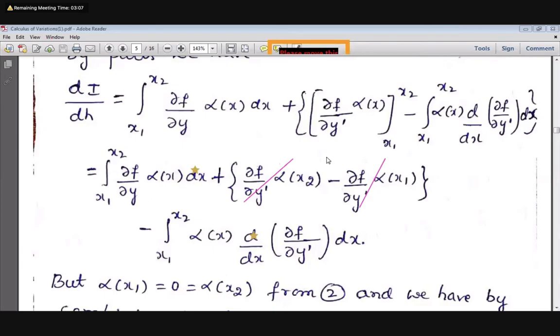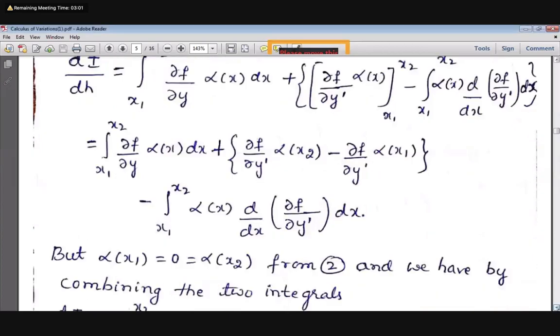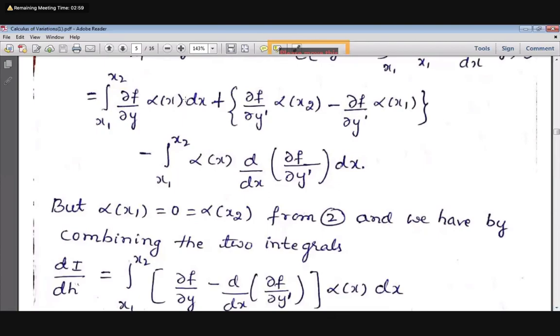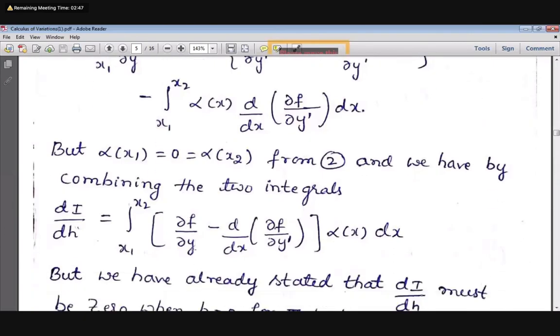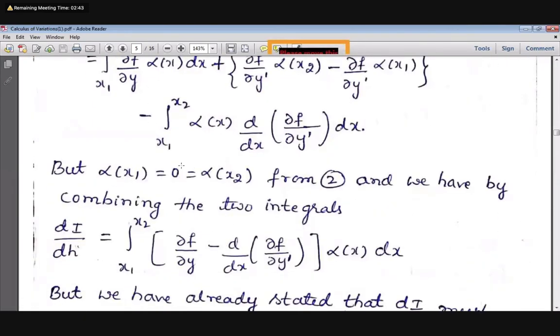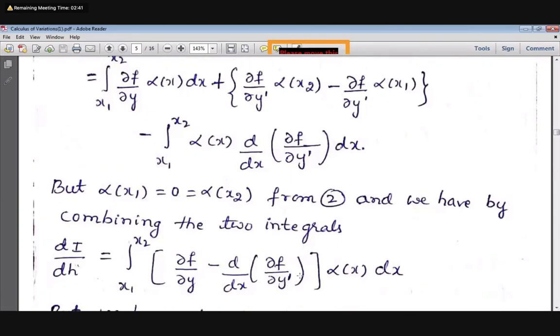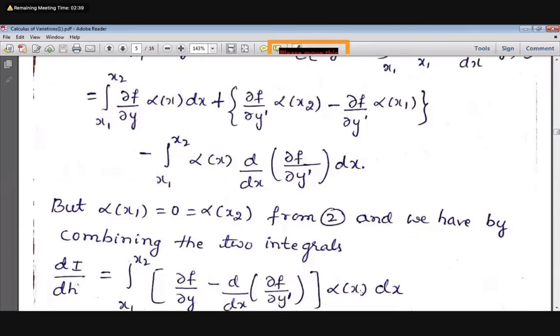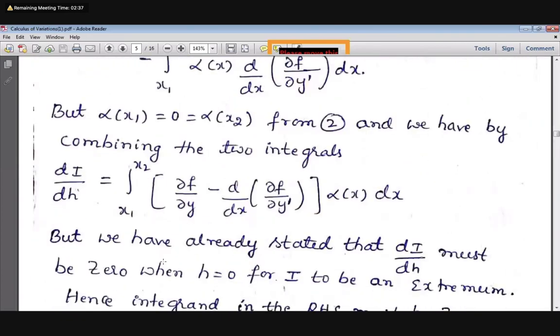I will write the two terms. You can club them, since both integration signs are the same, x1 to x2 with respect to x. If you club, you will get the integral from x1 to x2 of ∂f/∂y minus d/dx of ∂f/∂y', times alpha of x outside.